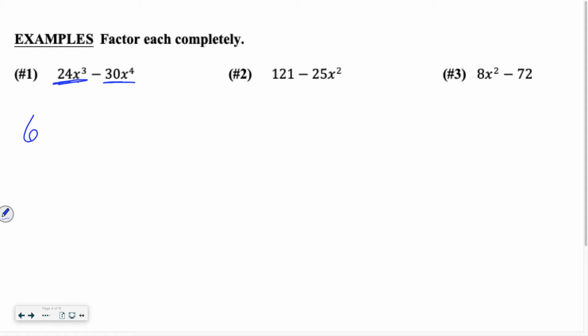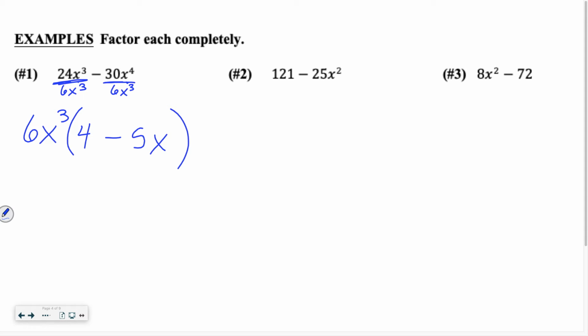And we can also take away x to the third from the second term. So x to the third is also in our GCF. So if we divide everything by 6x to the third, because that is our greatest common factor, we will get 4 minus 5x.